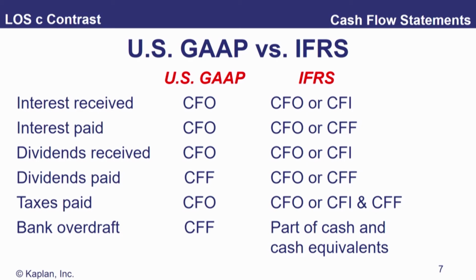Other differences that we've got are taxes, the cash taxes paid. Under US GAAP, all of the tax will pass through CFO. Under IFRS, the payments we make under tax can be split between CFO, CFI, and CFF. In other words, if we've got any tax as a result of the profits on our day-to-day business activities, let's put that through CFO.